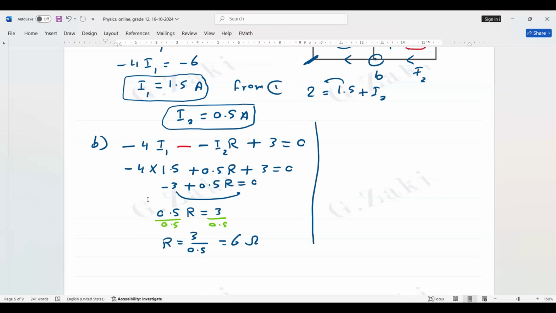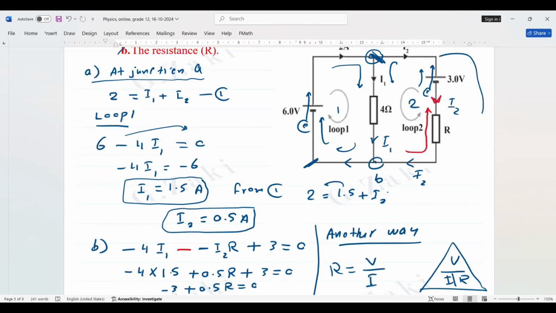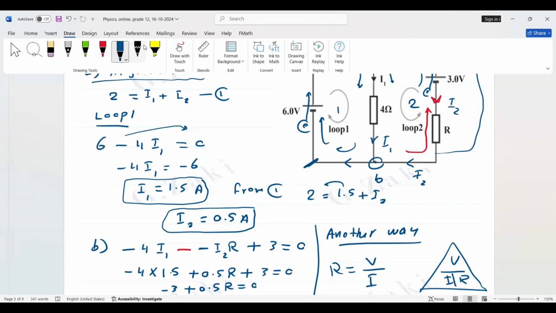Another way. We can use Ohm's law. V equals I times R. What is R? R equals V over I. What is V in that branch? Can you see? V equals 3.